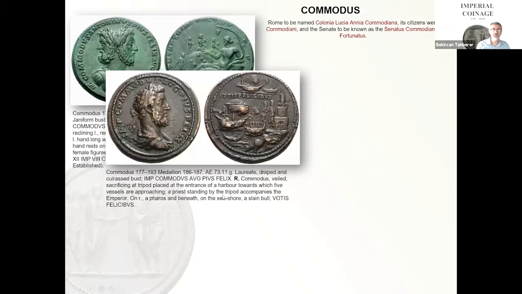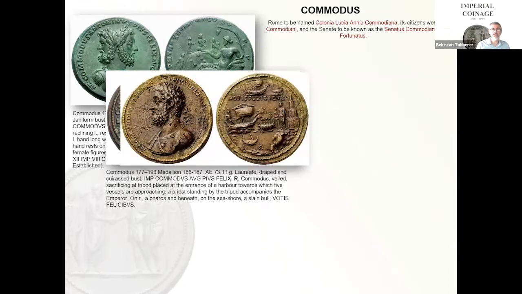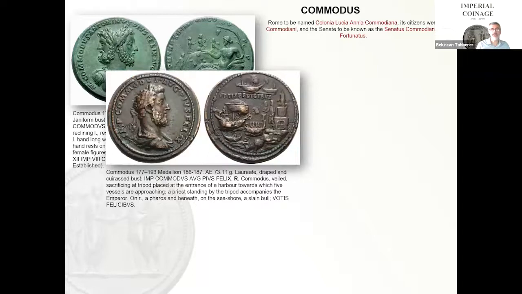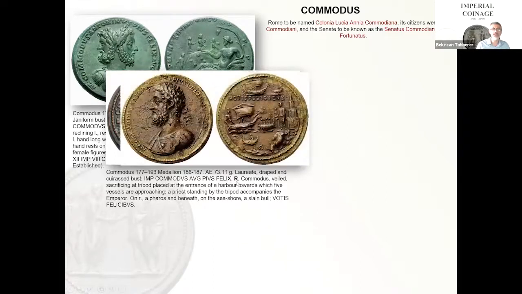Another beautiful depiction of the port. And these coins or medallions were minted in various different ways. This one is just a typical bronze, but this one is bimetallic, brass and copper.